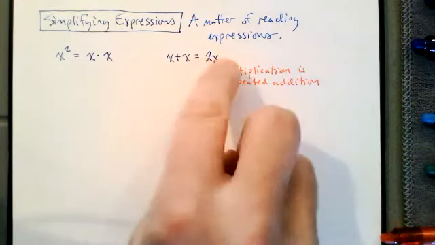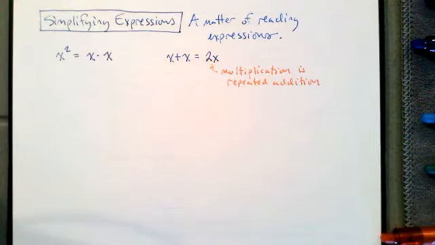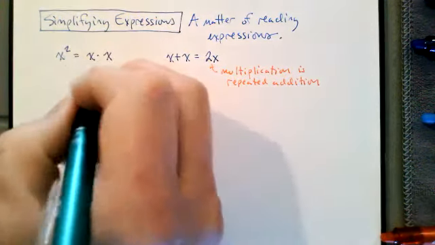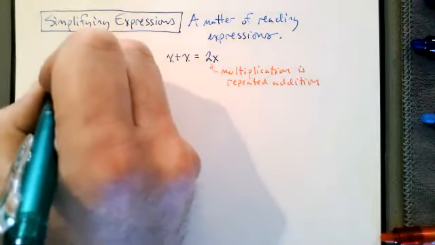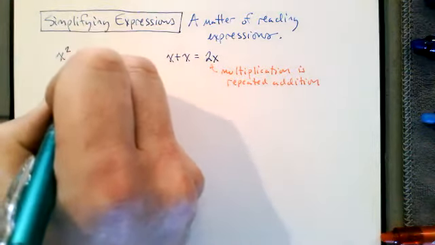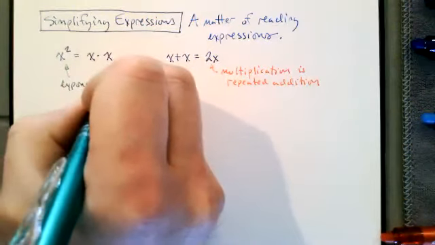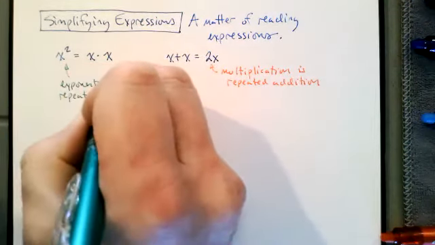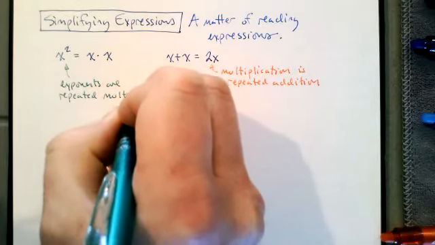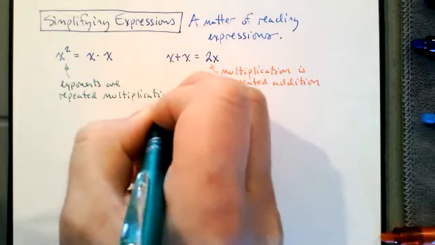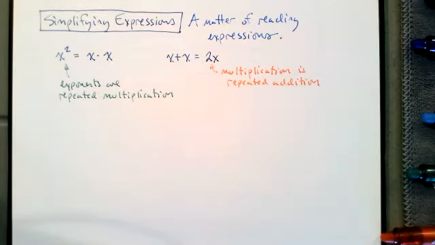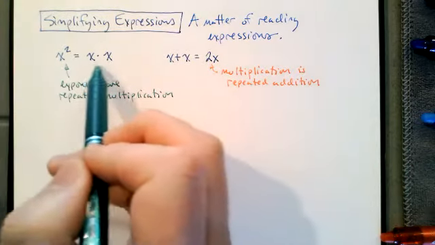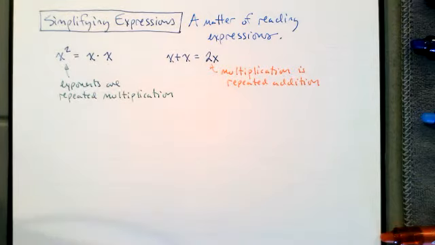Here's repeated addition, and we summarize that with a multiplication, 2 times x. Exponents are repeated multiplication. Here's a multiplication of x times x, and so we write x squared.